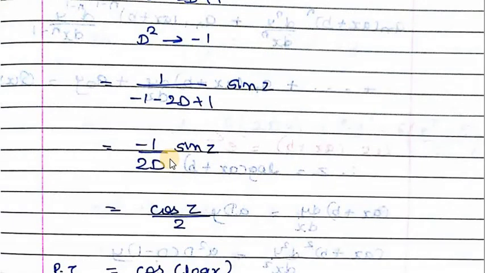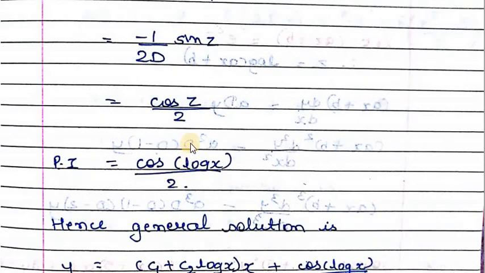Okay, and 1 upon D is nothing but integration, because D is derivative, so 1 upon D is integration. So this minus 1 by 2 will be as it is, and the integration of sine z is minus cos z. So minus minus will cancel out and the result is cos z by 2. And we have to replace z by log x, so the PI will become cosine of log x by 2.